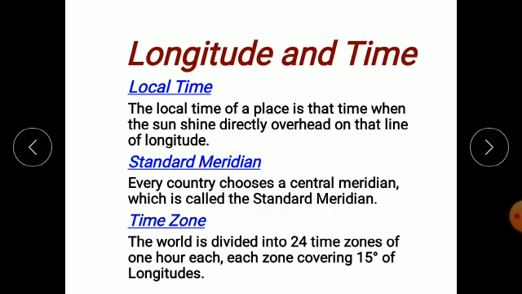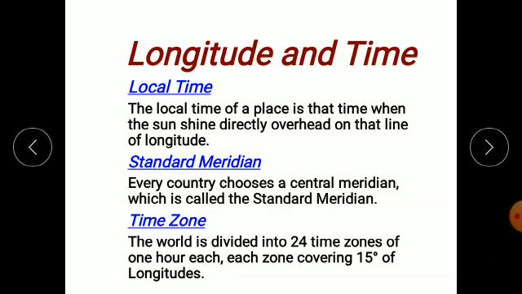India's standard time is 5 hours and 30 minutes ahead of that of Greenwich because India is to the east of Greenwich. When it is 12 noon in India, it will be 5:30 a.m. in the United Kingdom.